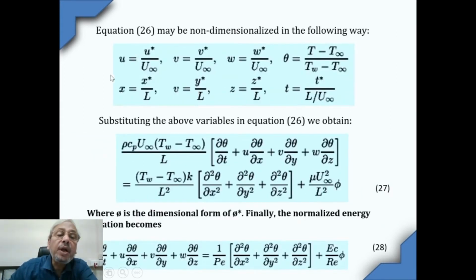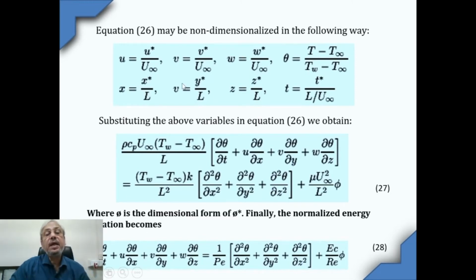And then we non-dimensionalize in this way that small u is u star by u infinity, small v is v star by u infinity, w is w star by u infinity, theta is t minus t infinity divided by tw minus t infinity, and x is x star by L.